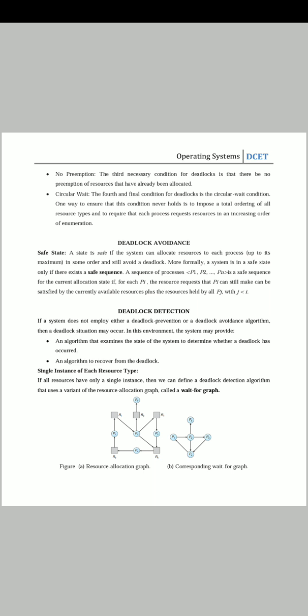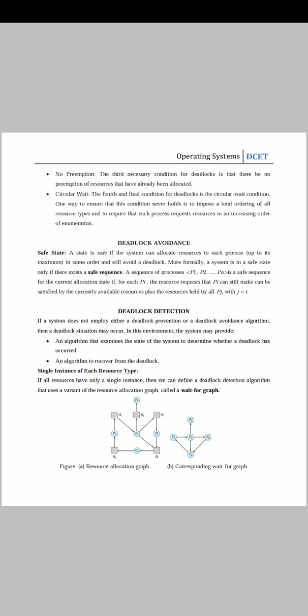How do I identify whether there is a deadlock or not? If I have a cycle within the diagram, then there is a deadlock. If I don't have a cycle within the graph, then there is no deadlock.